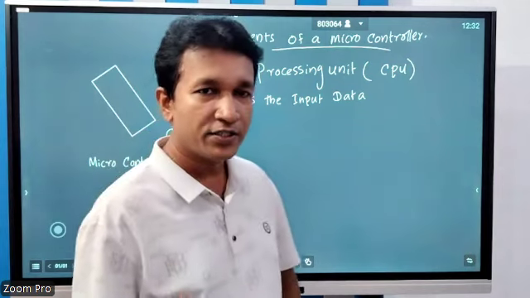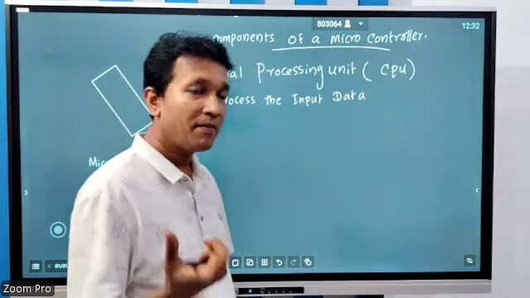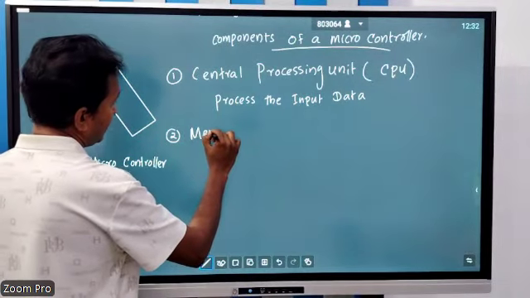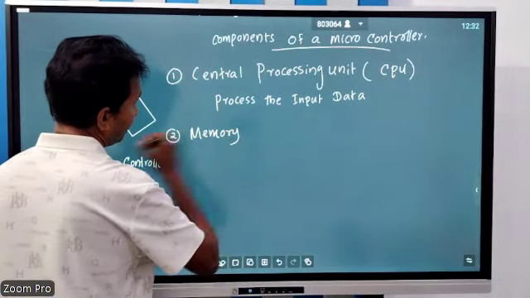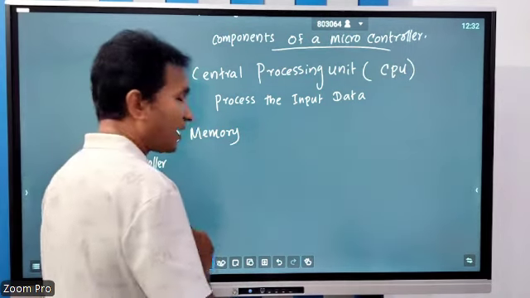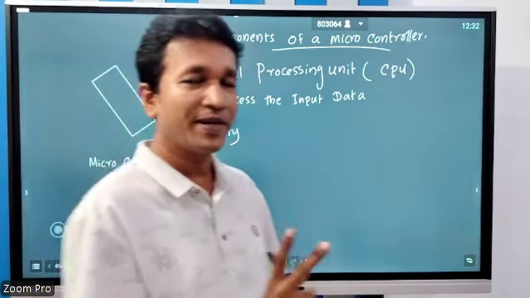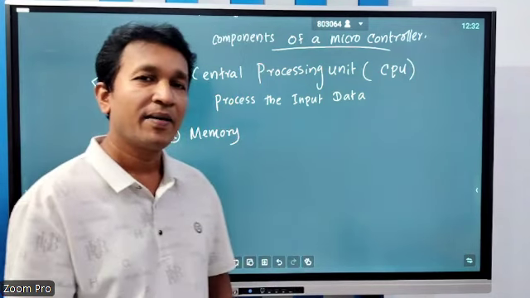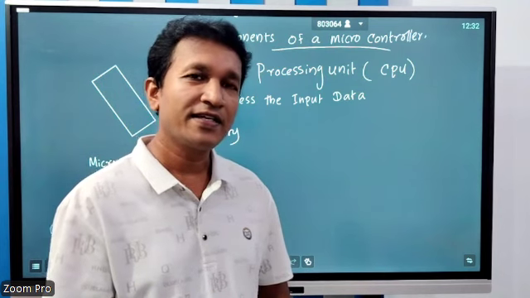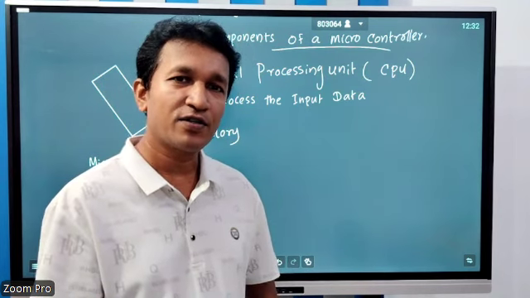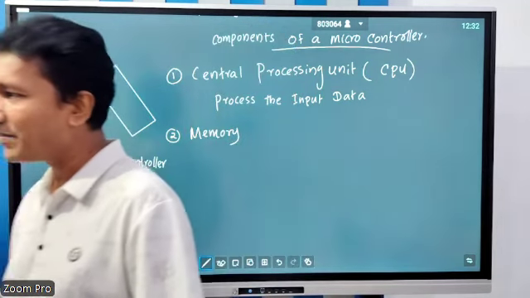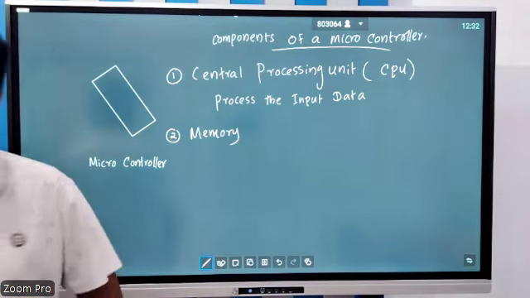Inside this microcontroller, as I said, there is a memory. There is a memory. Remember, there are two types of memories inside this microcontroller, right? Inside our normal computers, there are also two types of memories. Can you tell me that? In the normal computers we use, there are two types of memories.